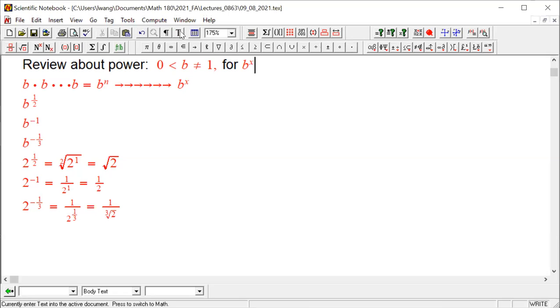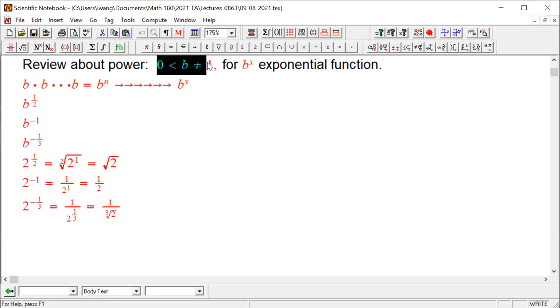You certainly can have a negative base. You're going to see that in your calculus too, but when we talk about exponential functions, the base will be larger than 0 and not equal to 1. So in other words, the base is going to be positive.